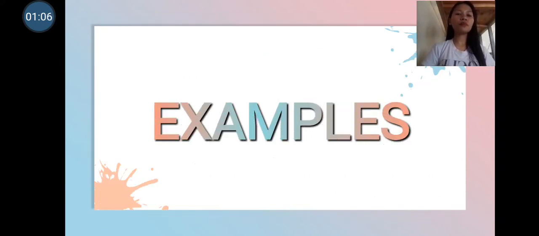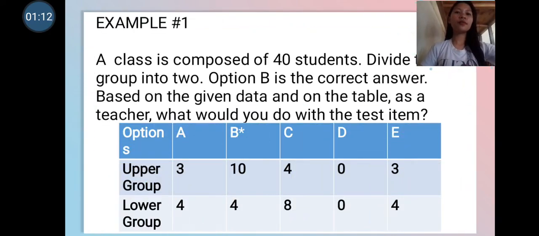And examples. In example number 1, a class is composed of 40 students divided into two groups. So option B is the correct answer based on the given data and on the table. So as a teacher, what would you do with these test items?